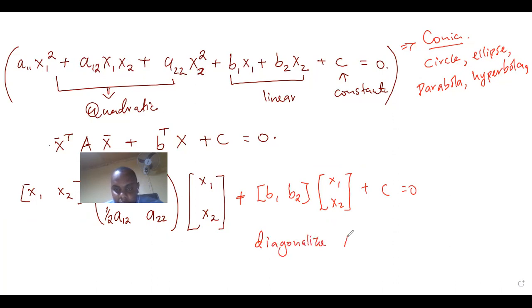And then make it orthogonal. So it's orthogonally diagonalize A. That's what it says. So you have to diagonalize A and make it orthogonal.